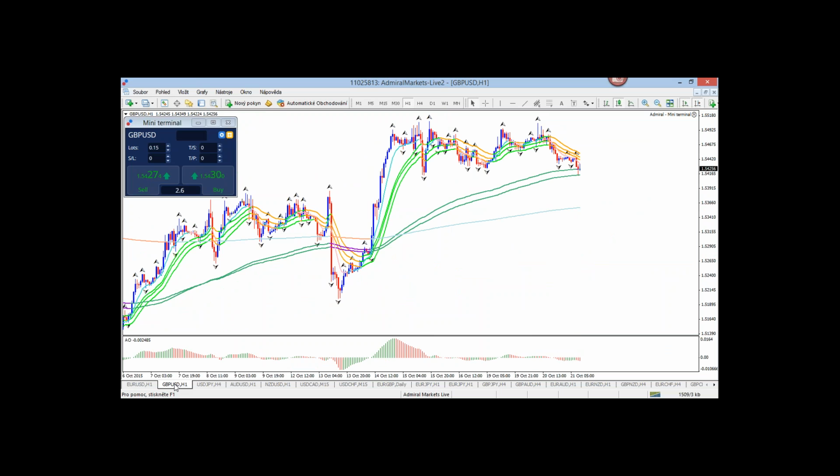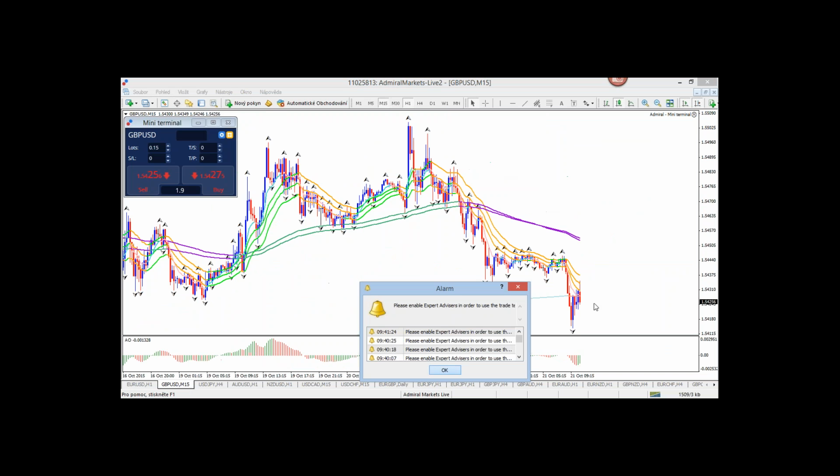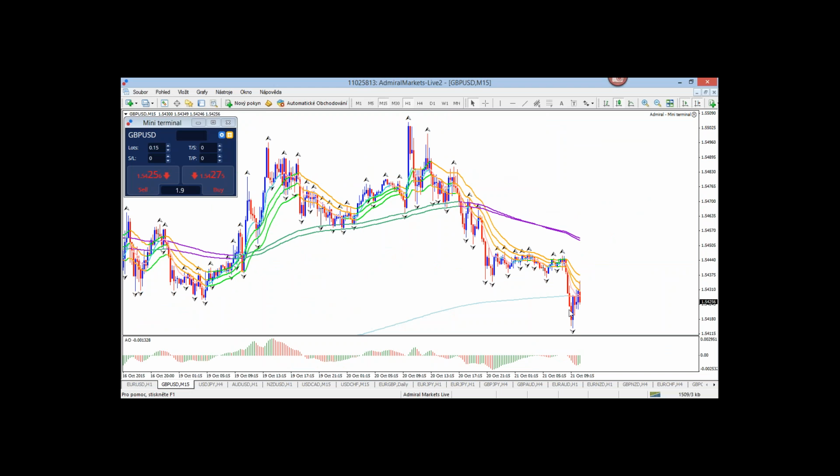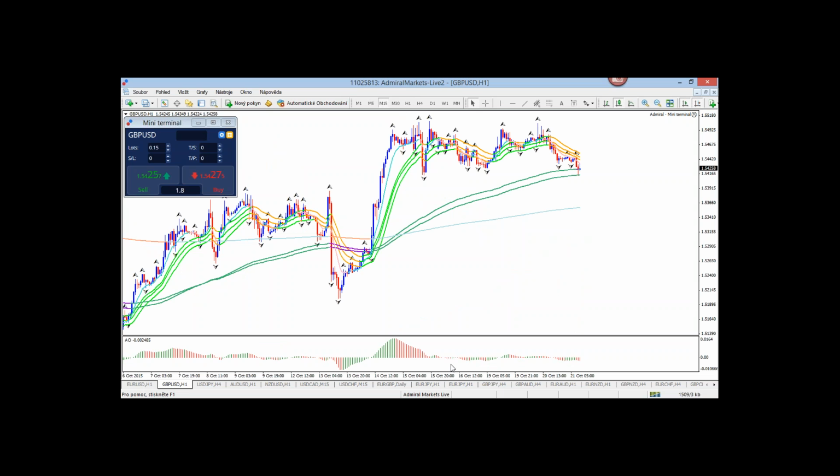So pound USD. Yeah, nothing much changed. We got a bit of a smaller pin bar, perhaps, with a bit of a wick at this tunnel.